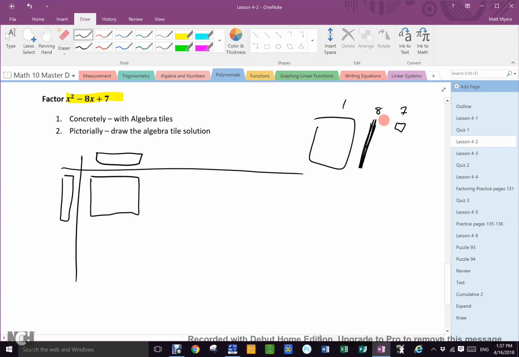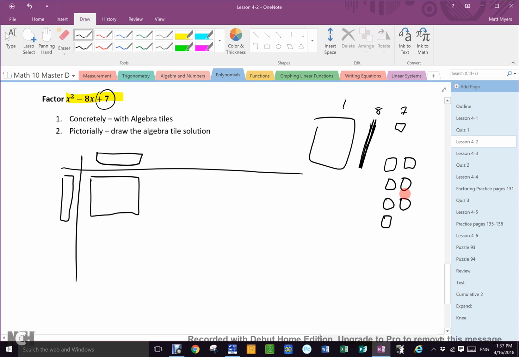Now, the next thing we should deal with is the 7, because we've already dealt with our x's, haven't we? No one? All right. We're going to deal with these guys. I need to get 7 of these guys in what shape? They're positive right now, so they need to stay unshaded. And I've got to have 7 of them, correct?